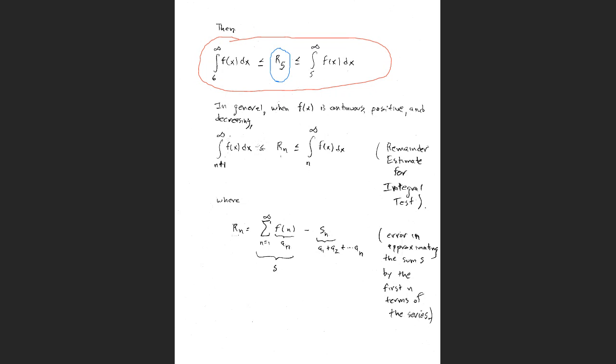And so therefore, in general, for any function that's continuous, positive, and decreasing, the remainder in approximating the infinite series with the nth partial sum would be less than or equal to the improper integral from n to infinity of f of x dx, and greater than or equal to the improper integral from n plus 1 to infinity of f of x dx.